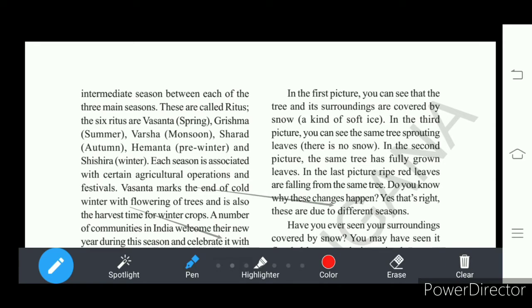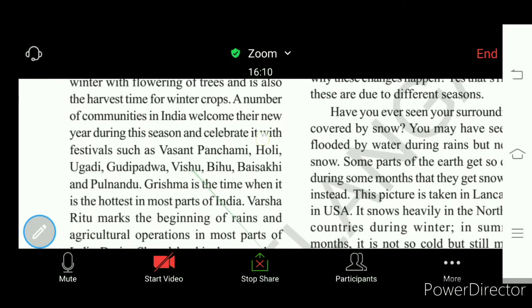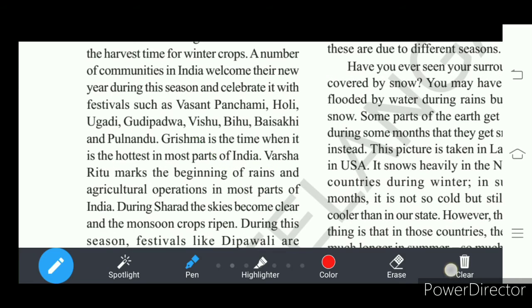Many people in India welcome the new year with happiness, and they celebrate some festivals.